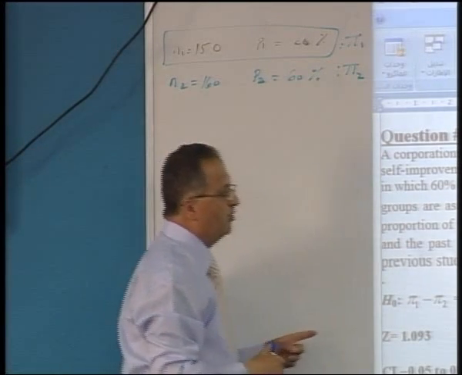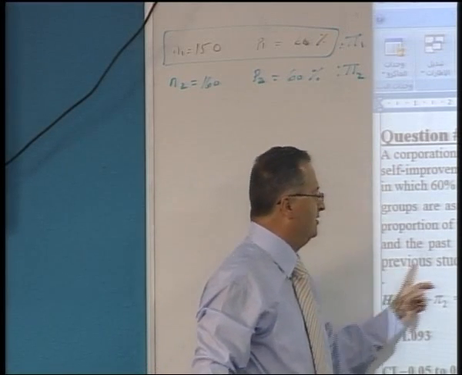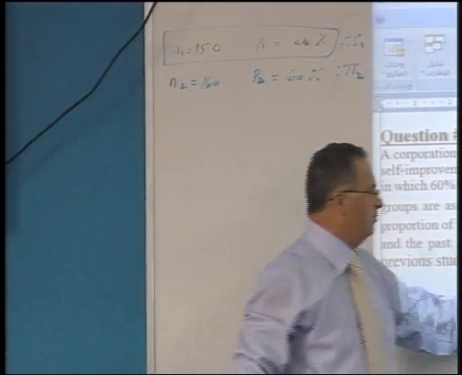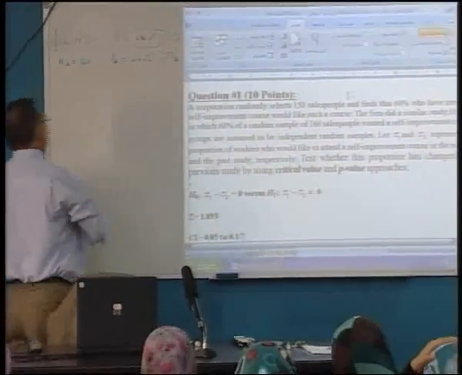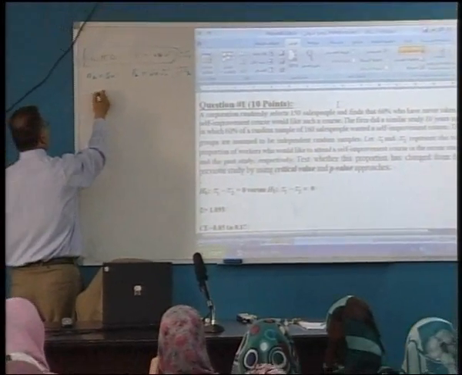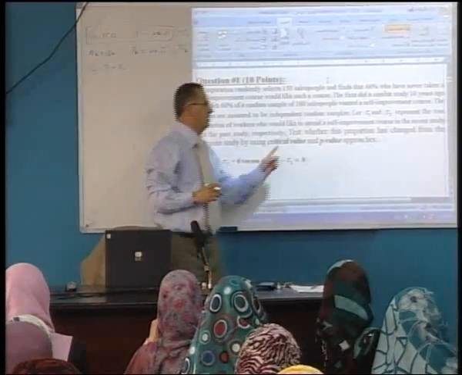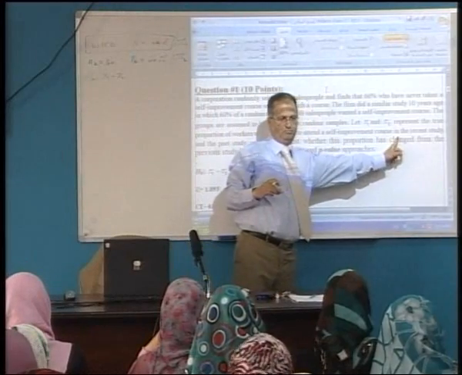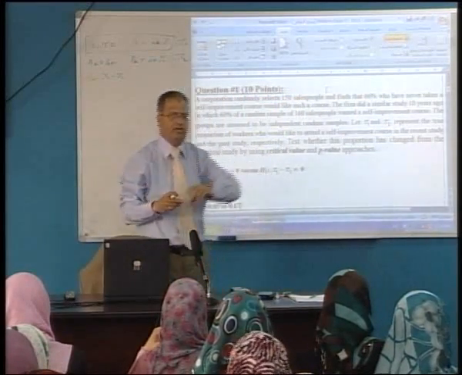Test whether this proportion has changed from the previous study by using two approaches, a critical value approach and a p-value approach. So here we are talking about pi 1 equals pi 2. Since the problem says that the proportion has changed, you don't know the exact direction, either greater than or smaller than.